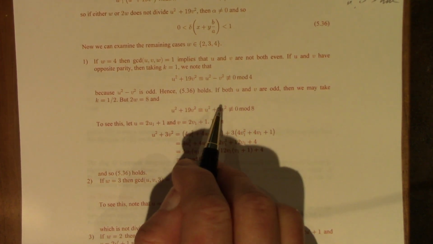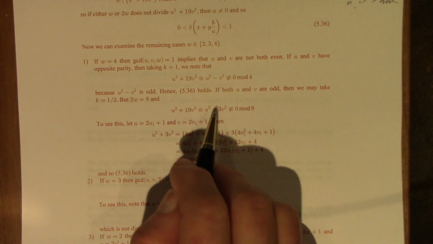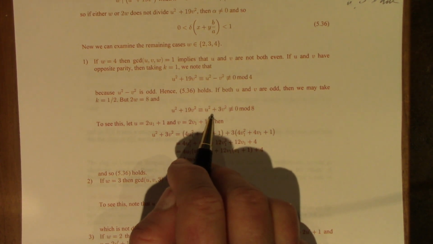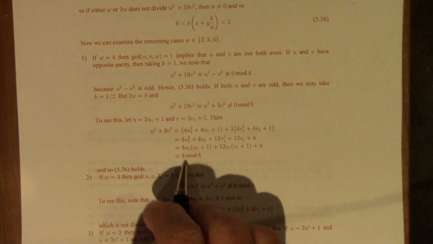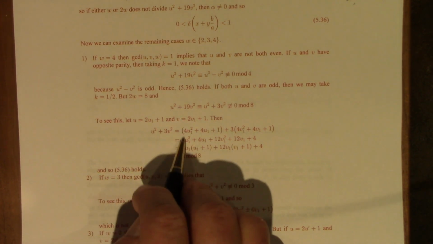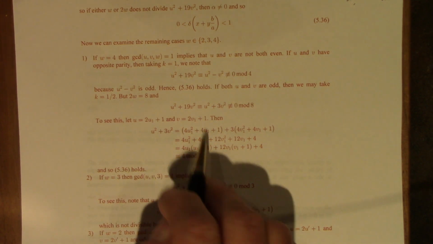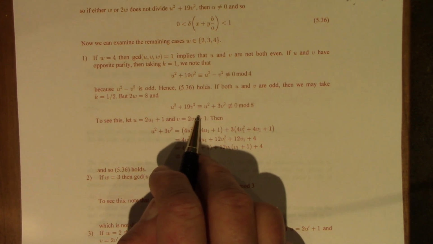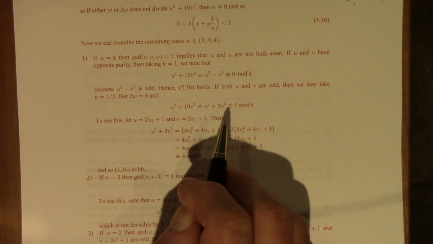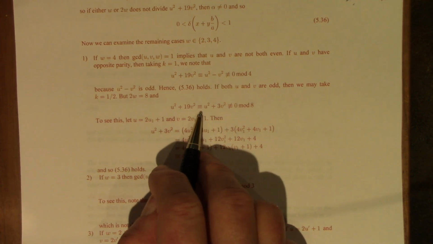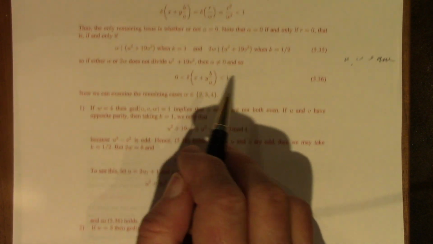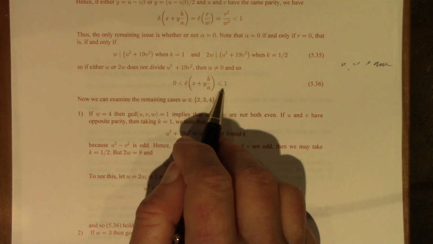But this is congruent to this, mod 8, and this is not divisible by 8. Here is the explanation. u and v are both odd. Both of these are odd. I'm not going to go through this. I think you should pause here and see if you can do it yourself. It's just basically algebra. Okay. So in either case, this holds.